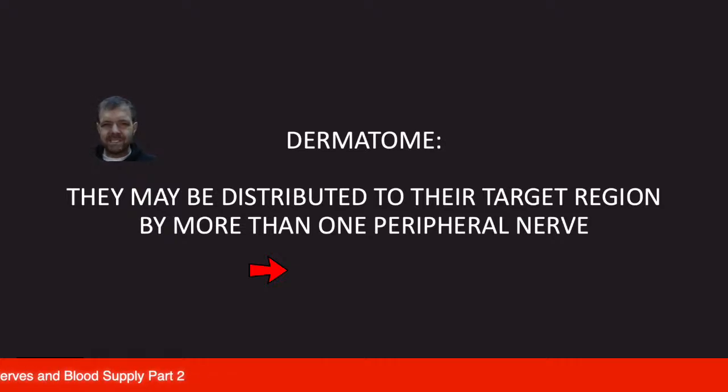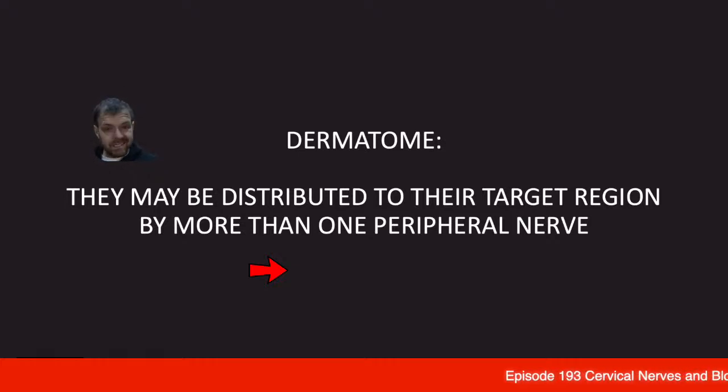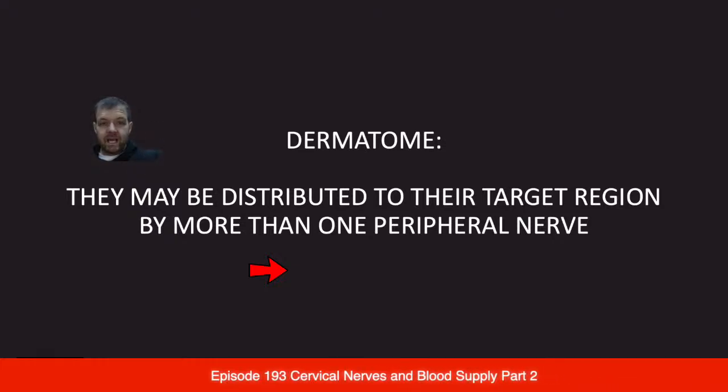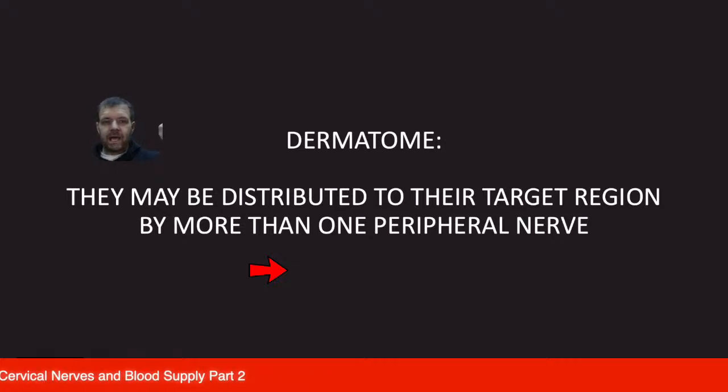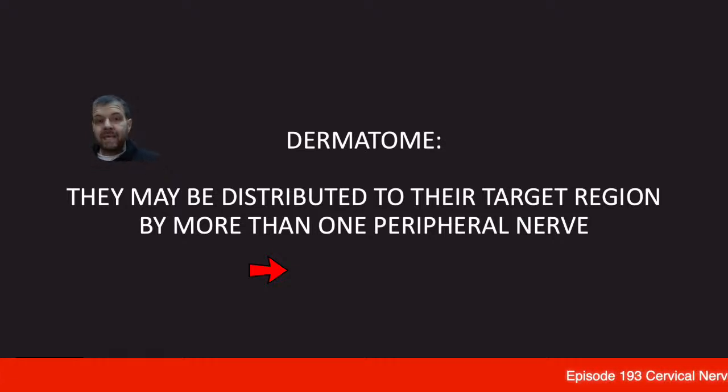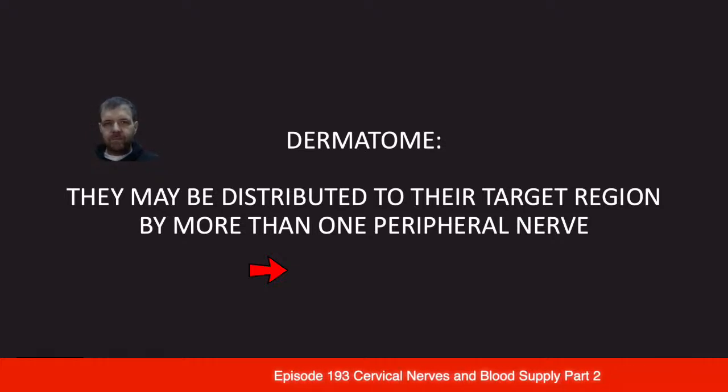For example, the median nerve, the ulnar nerve, the radial nerve, musculocutaneous nerve, the axillary nerve. So those are the nerves that supply the motor and sensation for the arm. And the contribution to sensation for a particular region in the arm may come from more than one of those nerves. So it might be shared.